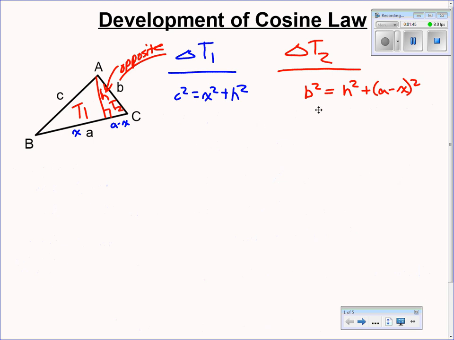And now, we're going to take this equation and expand this bracket using the nursery rhyme song we did for this, for (a minus x) all squared. So you're going to call that this: h squared plus a squared minus 2ax plus x squared.